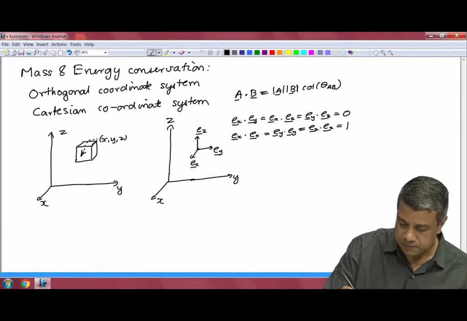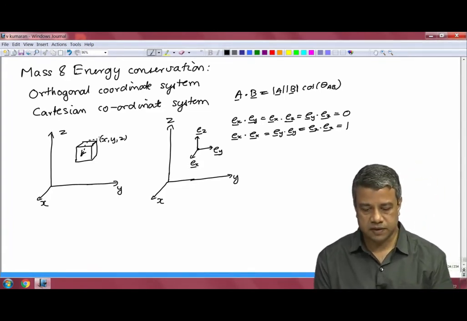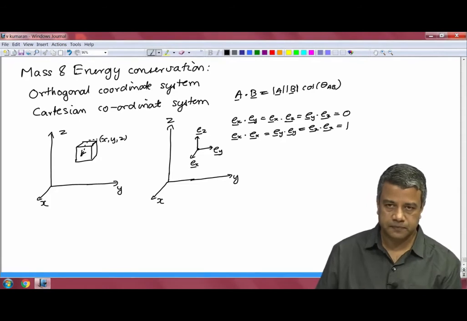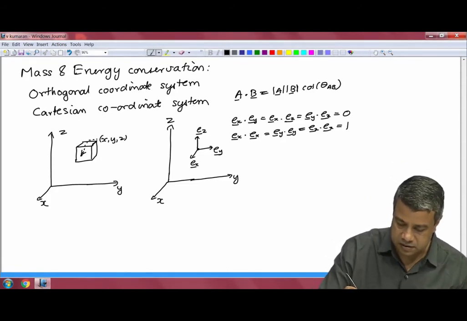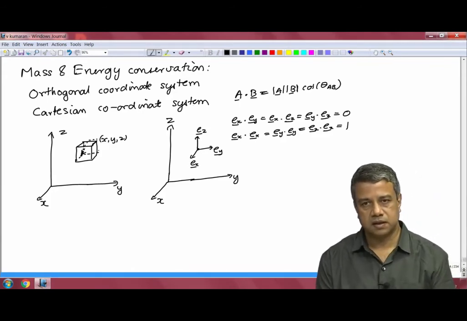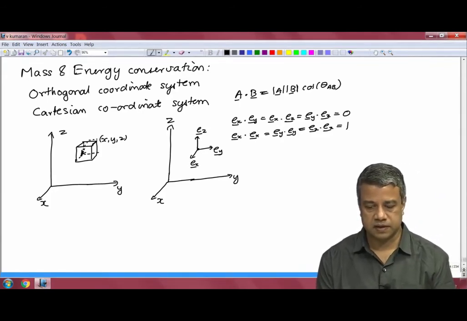That means that there are two surfaces perpendicular to the x direction, that is the front and the rear surfaces, two surfaces perpendicular to the y direction, that is the right and the left surfaces, and two surfaces perpendicular to the z direction, that is the top and bottom surfaces.